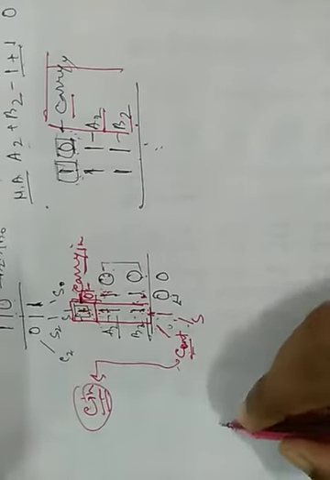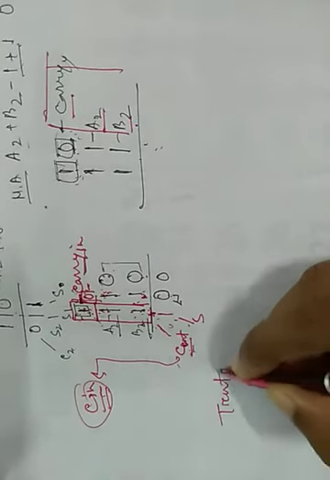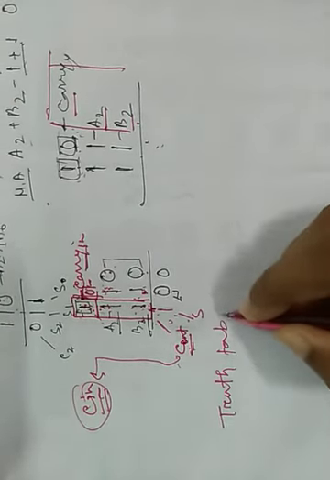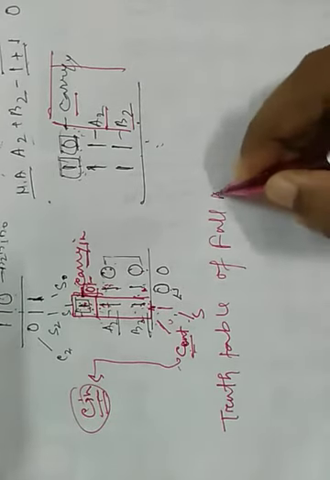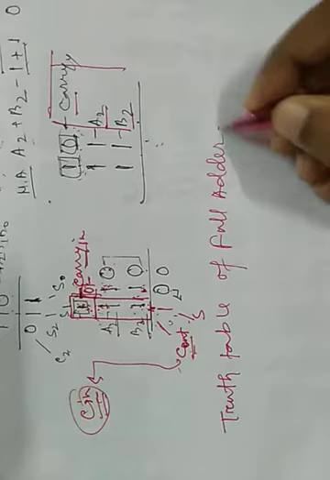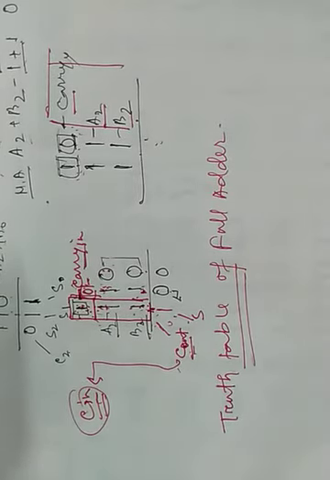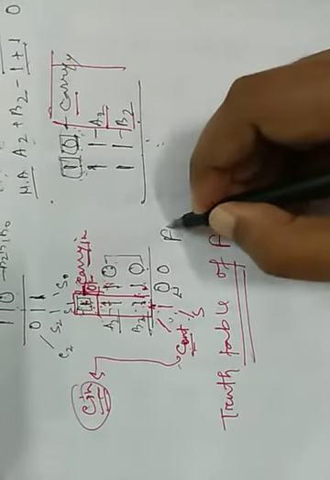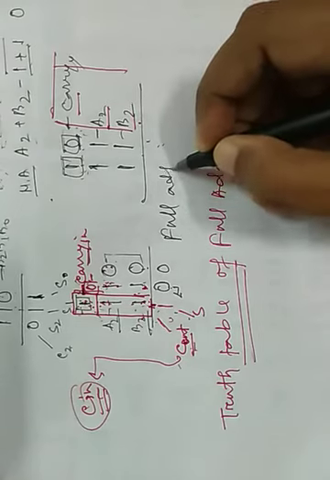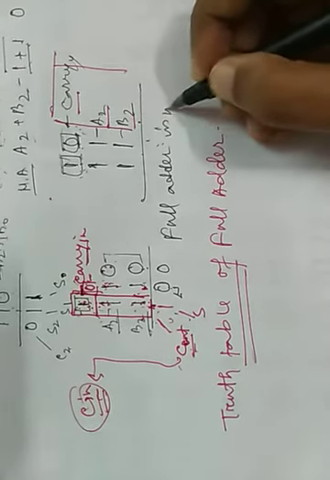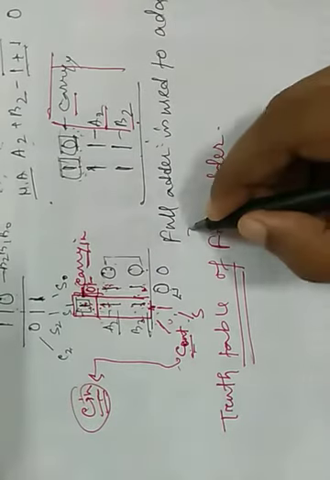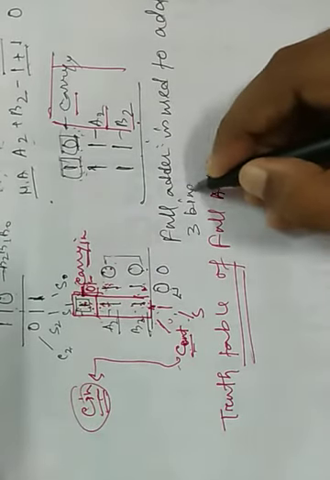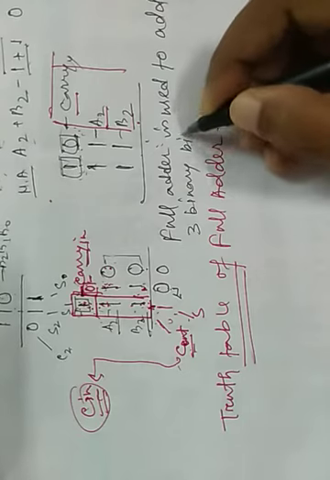Now at first let us see the truth table of full adder. Full adder is used to add 3 binary bits.